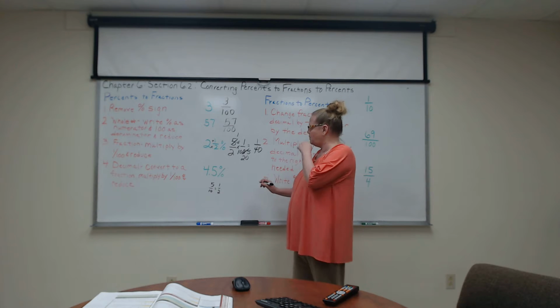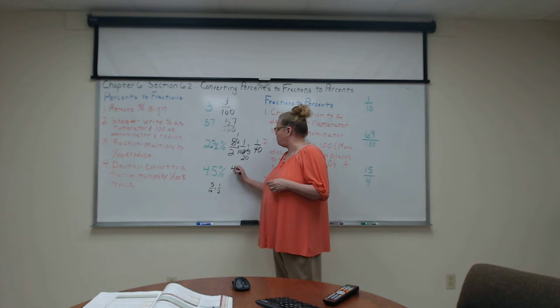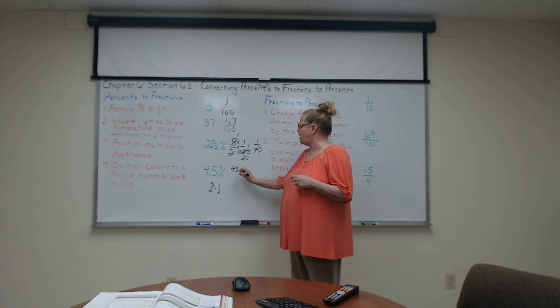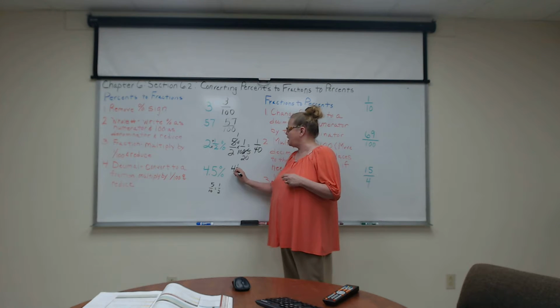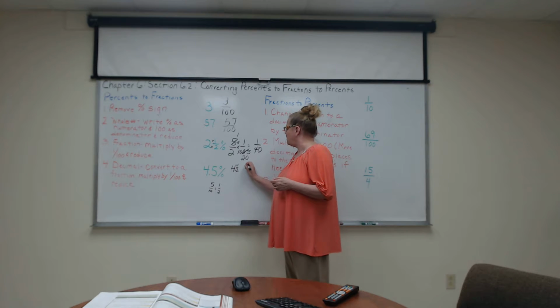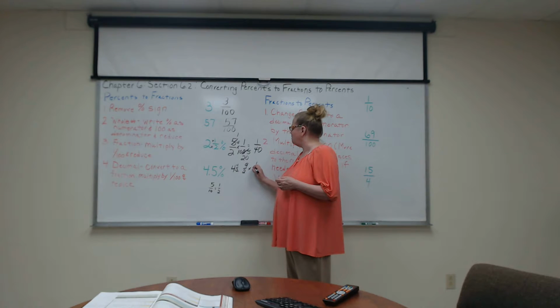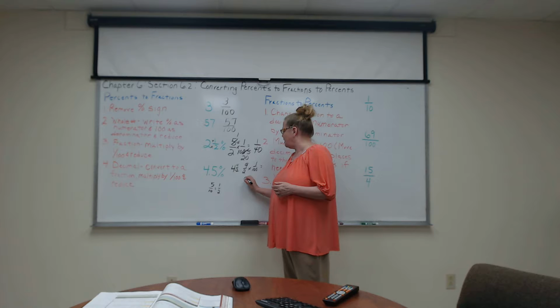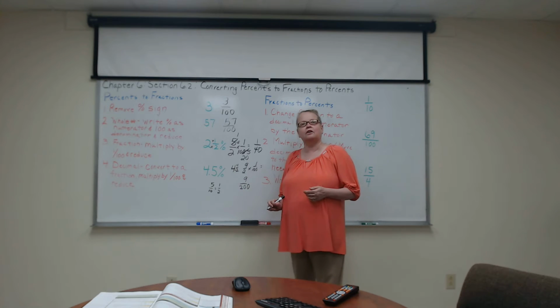So with 4.5, we multiply this out: 4 times 2 is 8, plus 1 is 9. So we get 9 halves times our 1/100ths. There's no canceling that can be done here, so we end up with 9/200ths as our answer.